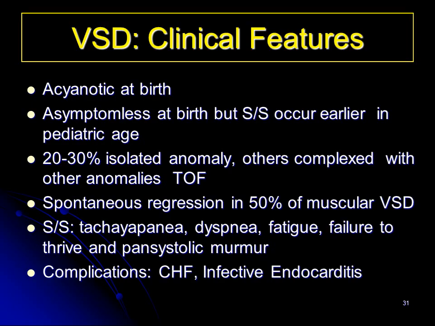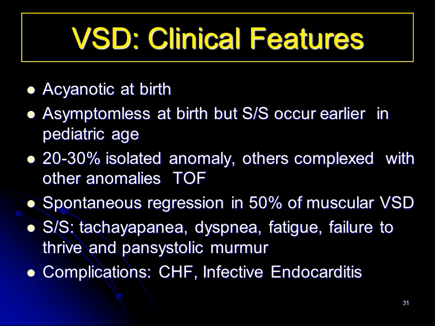50% of small muscular VSDs close spontaneously. Large defects are usually membranous or infundibular and have earlier right ventricular hypertrophy and pulmonary hypertension. Signs and symptoms may be tachypnea, dyspnea, fatigue, and a failure to thrive.